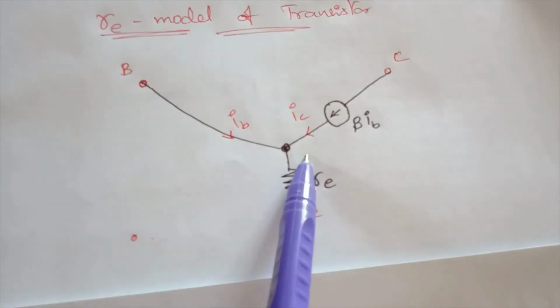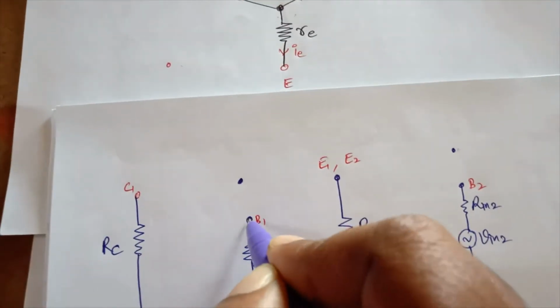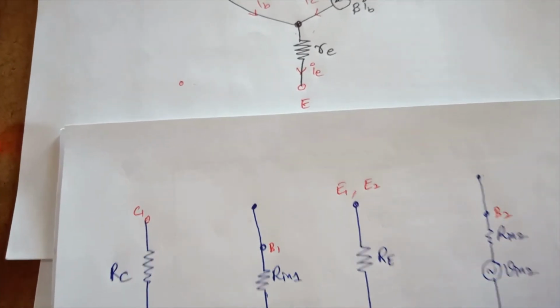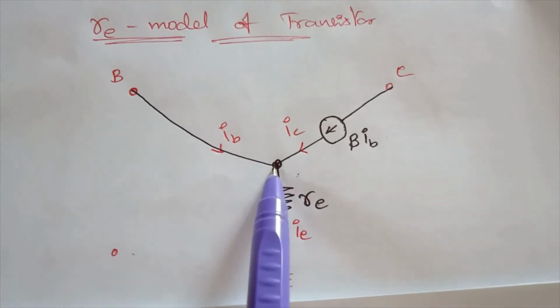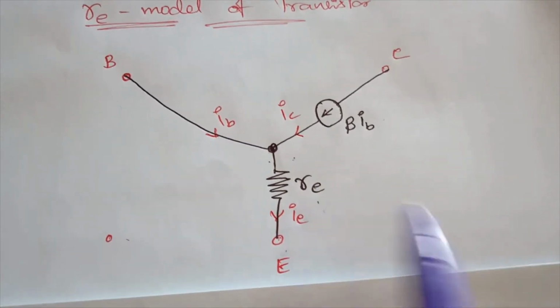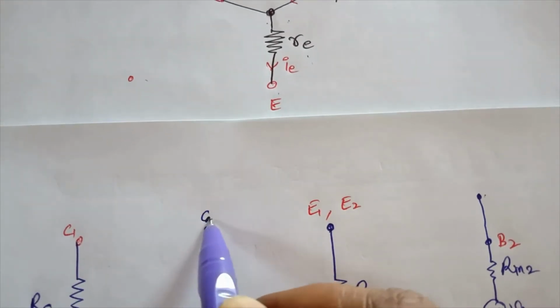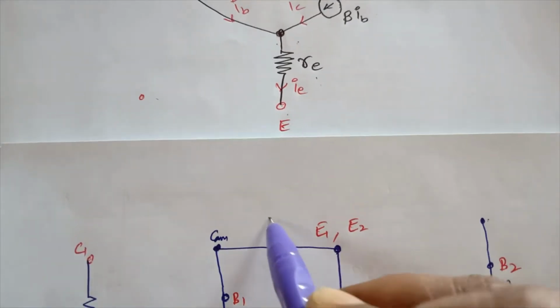From base to common point there is no component, so it is short circuited. Next, from emitter to common point we have a resistor RE. This is the emitter terminal, this is the common point.